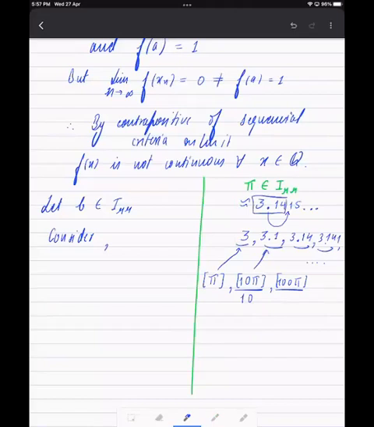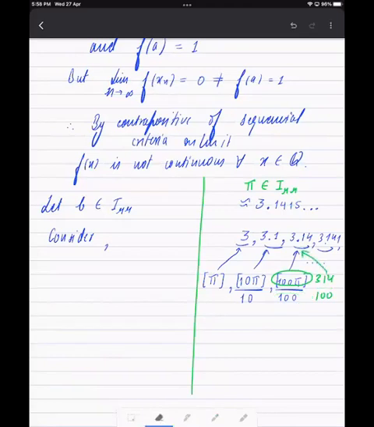So 314, divided by 100, it will be 3.14. That is my third term.